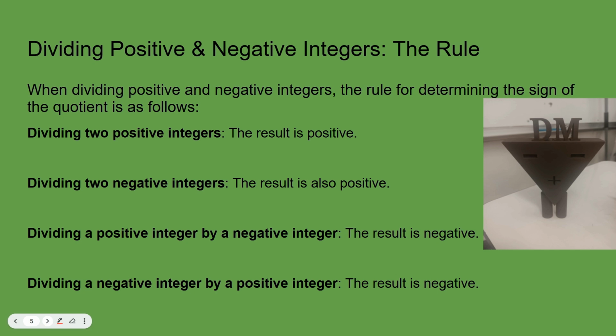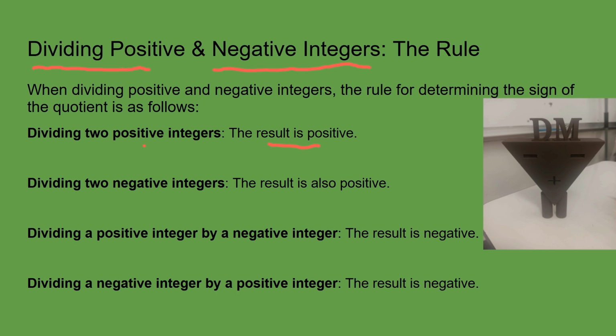All right, how about when we are dividing positive and negative integers? Let us have the rule. When dividing positive and negative integers, the rule for determining the sign of the quotient is as follows. Whenever we're dividing two positive integers, very much like multiplying, the result is positive.